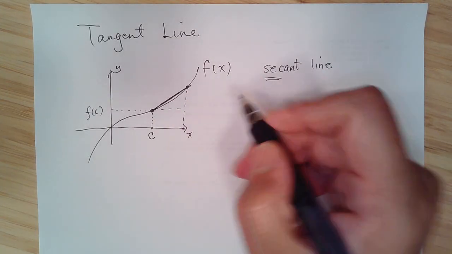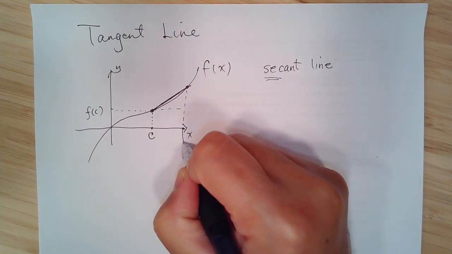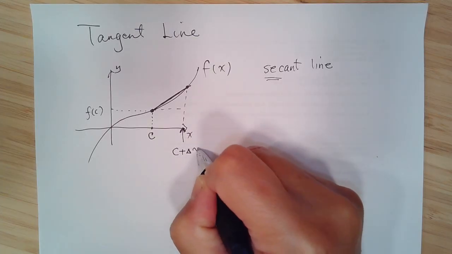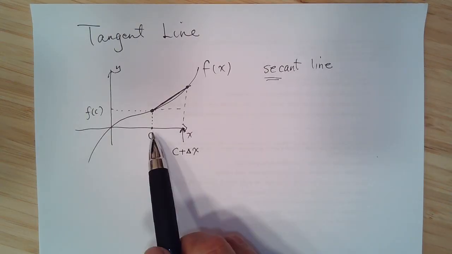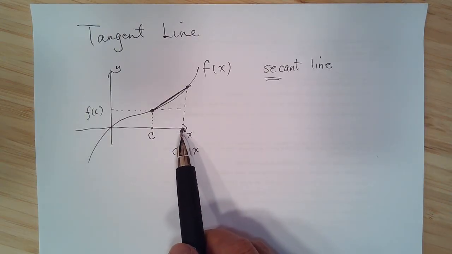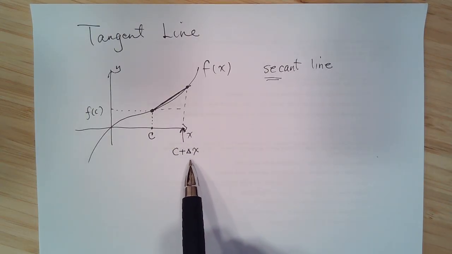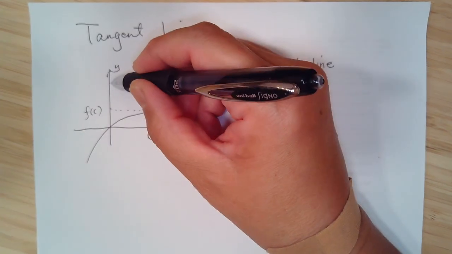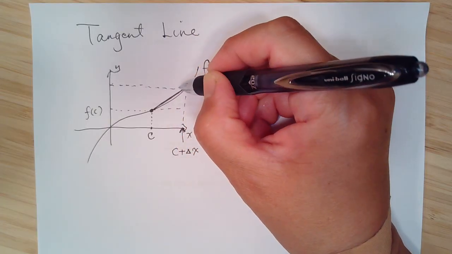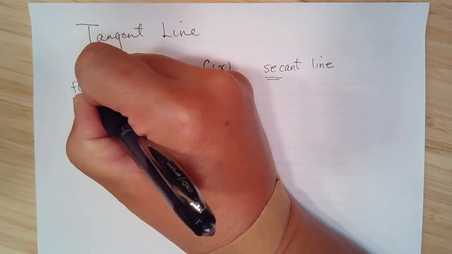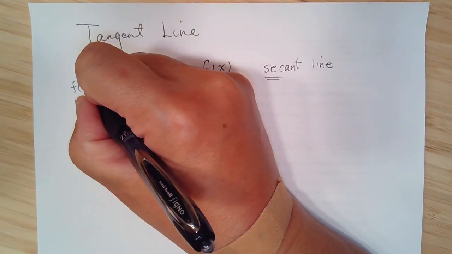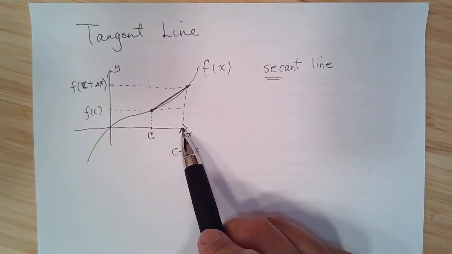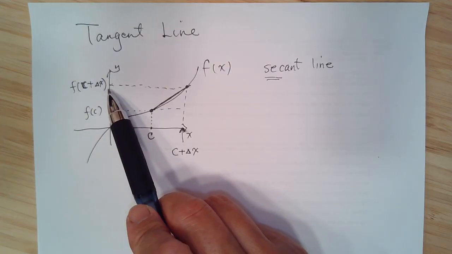All right, now when I put this point here, I call this C plus delta x, and that is from C I move to the right by delta x this much. Therefore, this x coordinate is C plus delta x, and of course the y coordinate of this point will be f of C plus delta x.